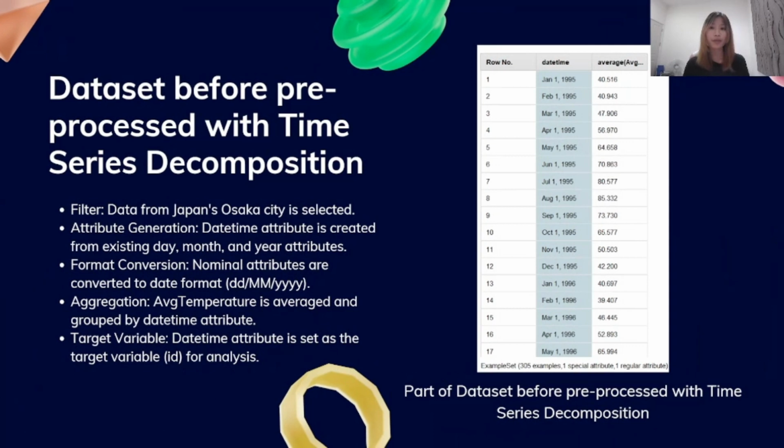Dataset before preprocessing with time series decomposition. Before preprocessing, the dataset undergoes filtering to select data from specific regions and cities. New attributes are generated, including date time from the existing date attribute. Nominal attributes are converted to date format, and average temperature is aggregated.